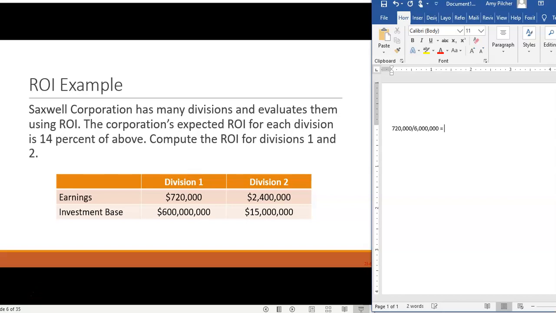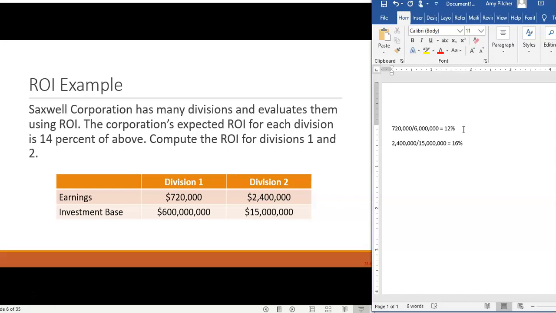So 720,000 divided by 6 million is a 12% ROI. For Division 2, if we take 2.4 million and divide that by 15 million, we get an ROI of 16%.